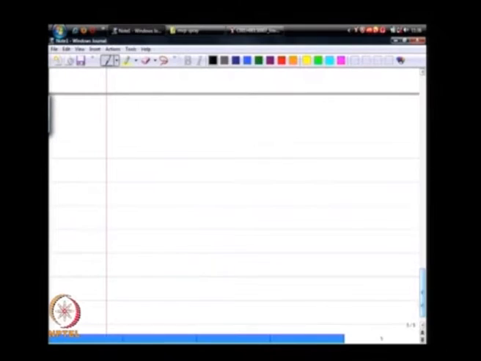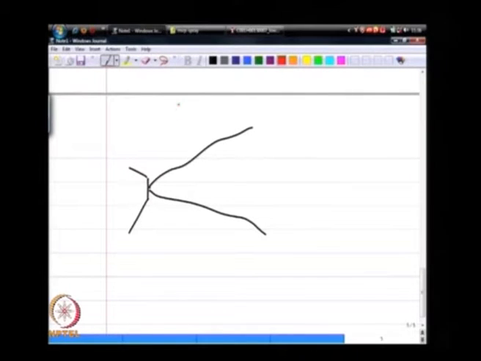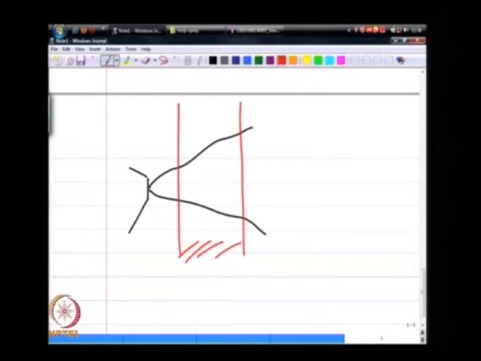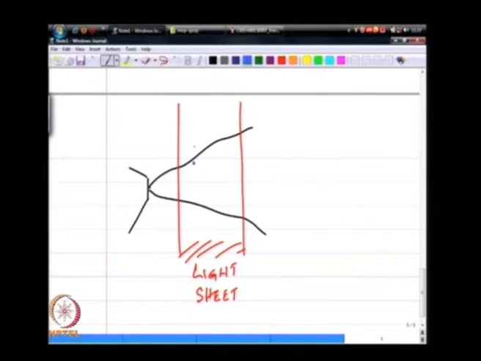So, let us say I have a spray that I have used plane illumination on. So, this is my light sheet, and my camera is where my eye is currently located. So, in one frame, let us say a drop was situated over here.